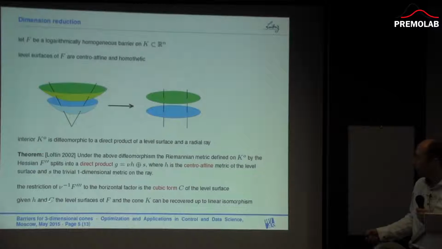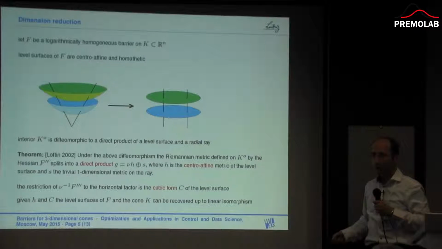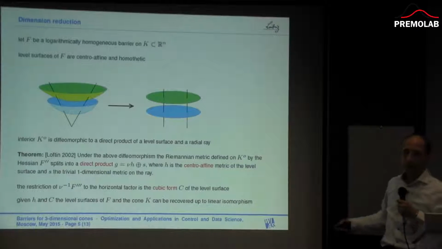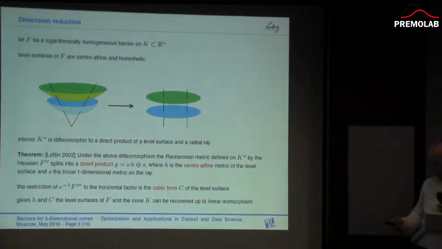So these two objects here, if they satisfy some additional conditions, can be viewed as an equivalent description of the cone together with the barrier on the cone.